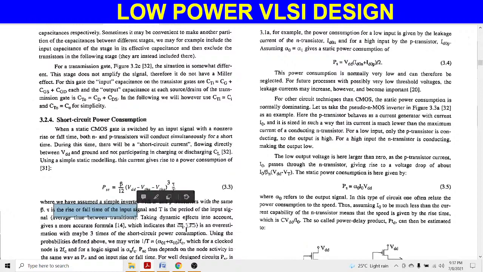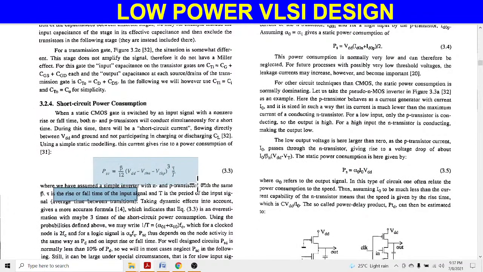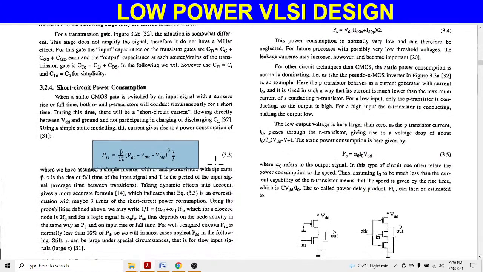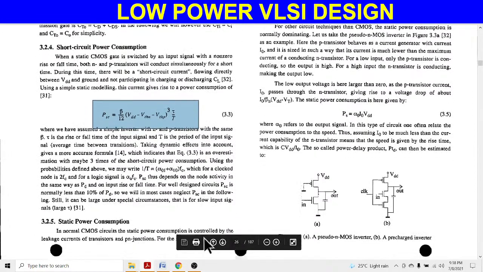So the mathematical expression to calculate the short circuit power is beta upon 12 into (VDD minus VTHN minus VTHP) cube into tau upon T. So this one is the short circuit power dissipation.